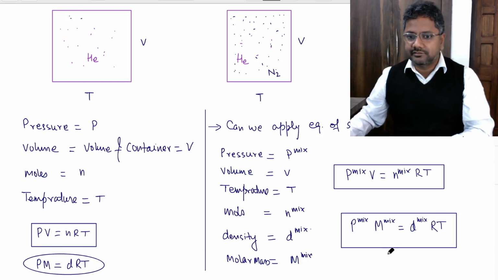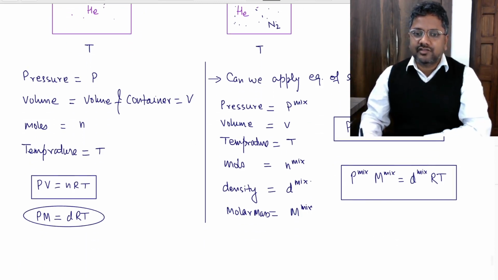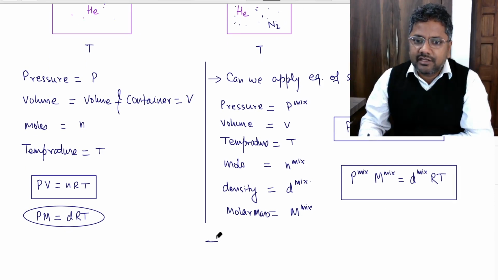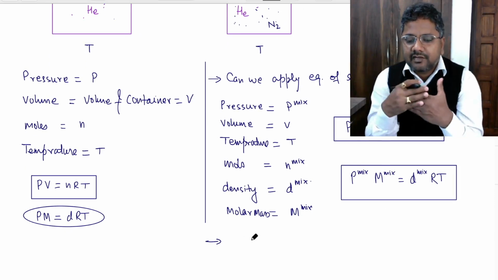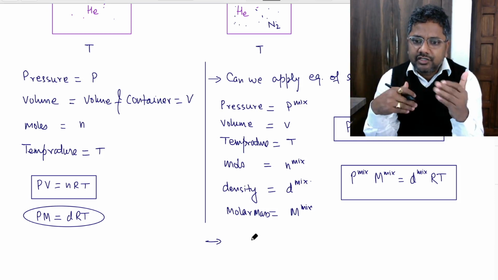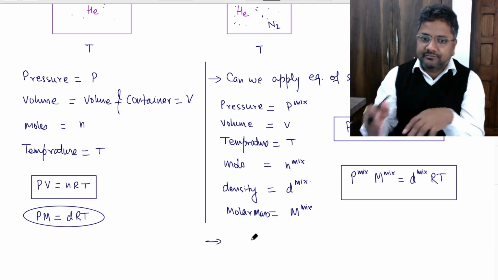Okay, now another question. The question is, can we apply this equation of state on the individual gases in the mixture?